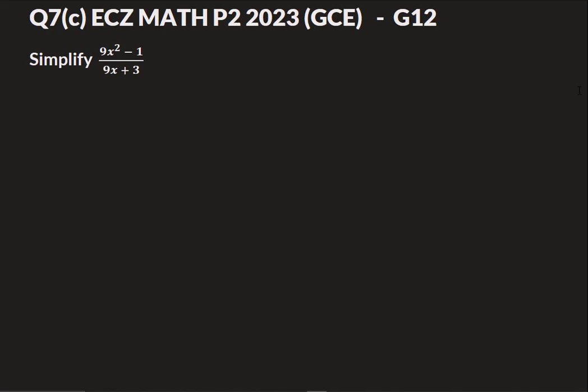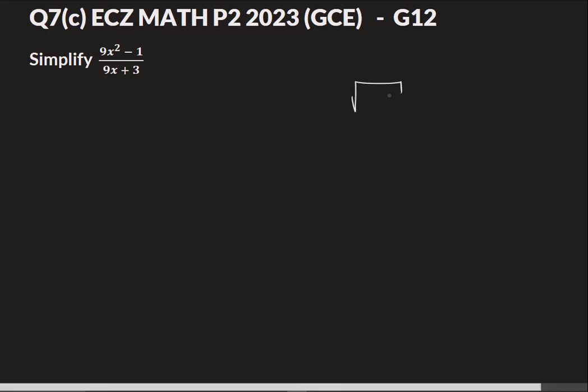We have another question here which is interesting. This time around, we can find the square root of 9x squared and the square root of 1. So it's not a very difficult question. This will be 3x. If we multiply 3x by itself, we're going to have 9x squared. Whenever we have 1, always remember the square root of 1 is itself.